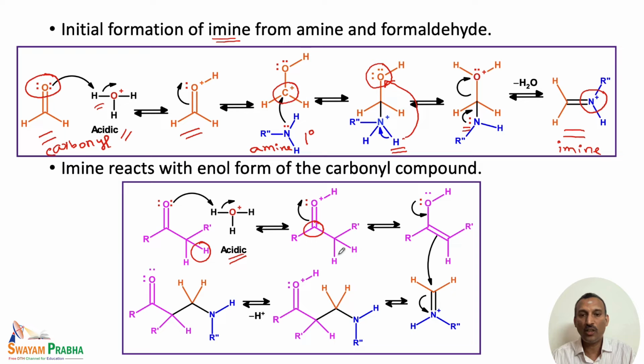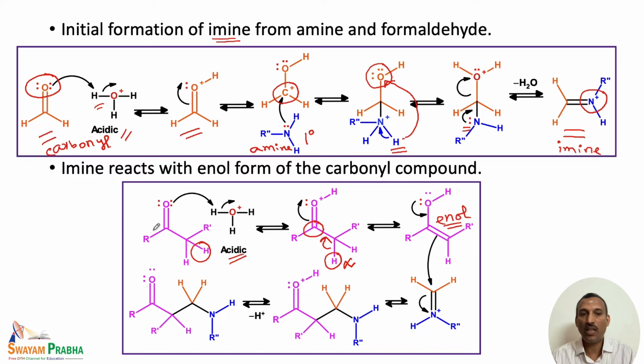In this case, this hydrogen is acidic in nature. Because the alpha hydrogen atom is acidic, it is lost very readily, and we end up with an ene-ol derivative, that means we have the enol derivative.